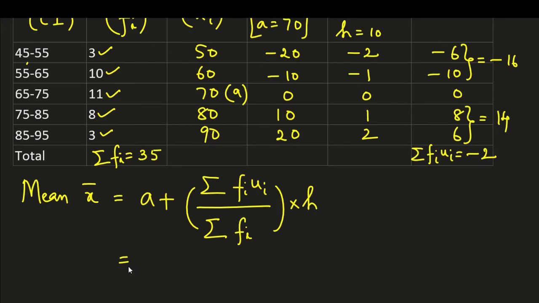Now substitute the values. Here A is 70, 70 plus sigma fi ui is minus 2 by sigma fi is 35 into h is 10.